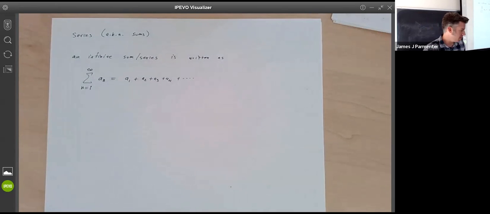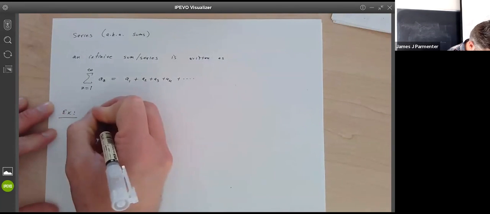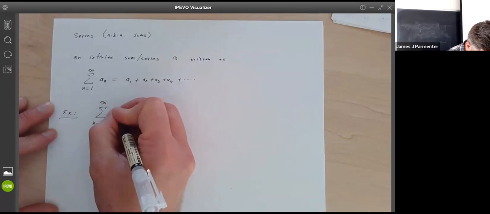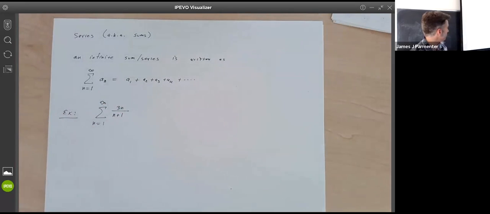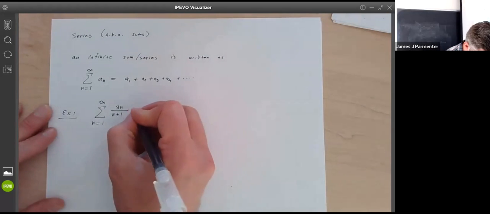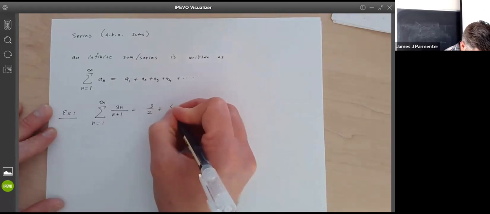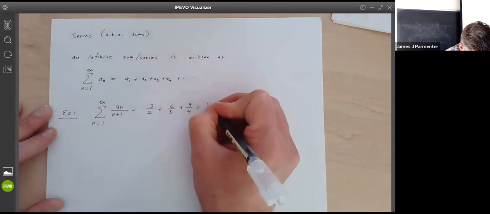Let's look at some examples. Let's look at this example. The sum from n equals 1 to infinity of 3n over n plus 1. I'm going to start writing out terms. I'm going to get 3 over 2 plus 6 over 3 plus 9 over 4 plus 12 over 5.